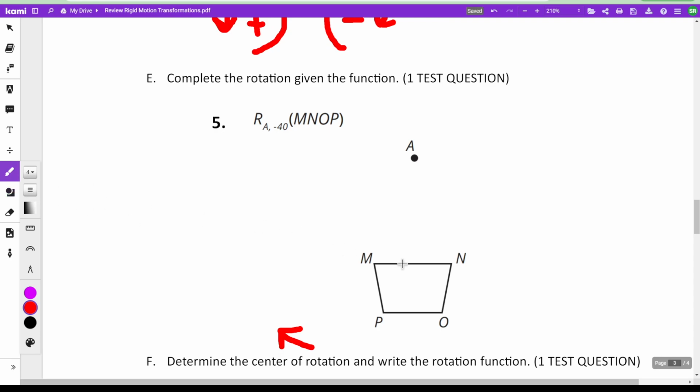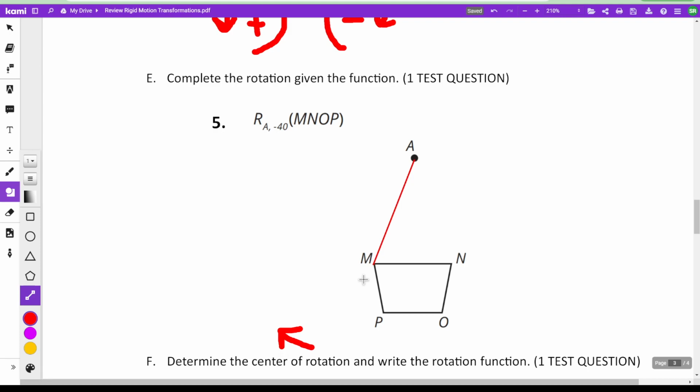And so the way to do this, and you'll use a ruler, but of course I have line segments here, so I'm just going to use line segments. I'm going to draw a line segment from A, the center of rotation, to one of the points that I want to begin rotating.